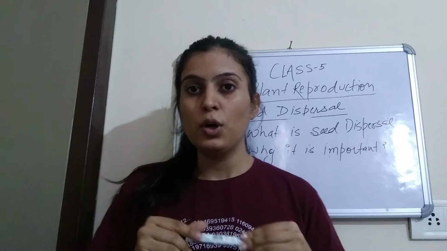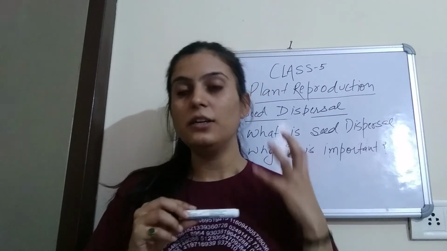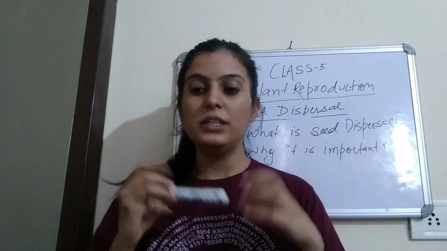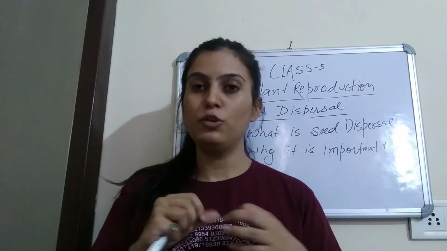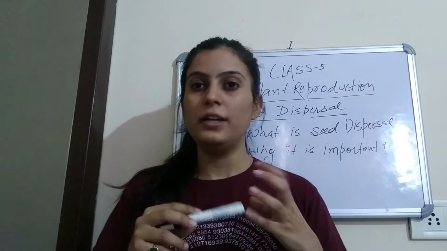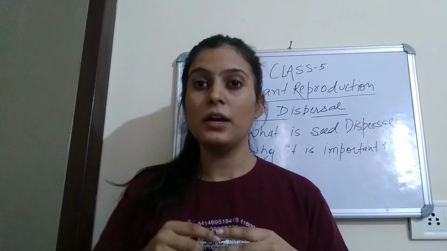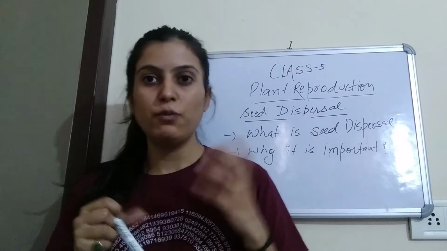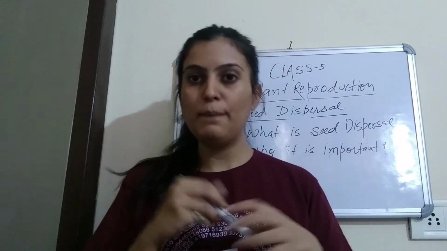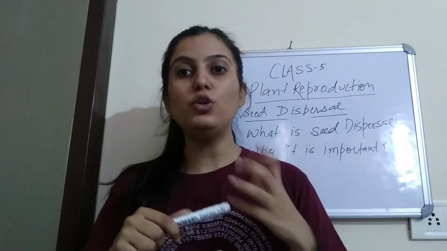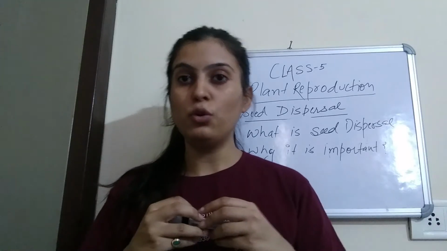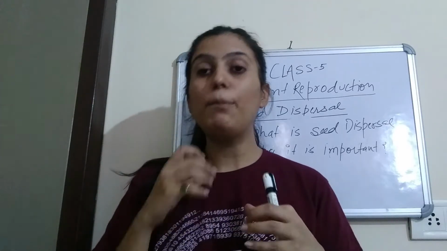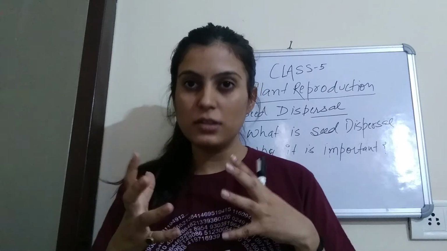But first, what is seed dispersal basically? See, we have learned that a plant produces many seeds, right? Suppose the seeds fall at the same place, will they be able to grow? No, they will not be able to grow because they need proper air, water and sunlight.